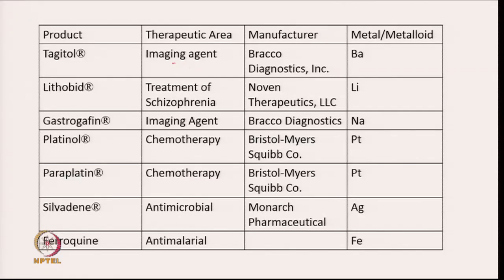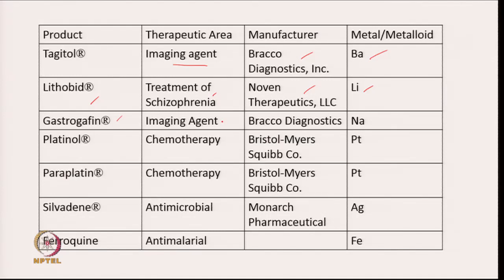Tagitol is an imaging agent from Bracco Diagnostics Inc. Barium analysis is done. Lithobid, which is used for schizophrenia, is from Noven Therapeutics LLC, and here analysis of lithium is done.